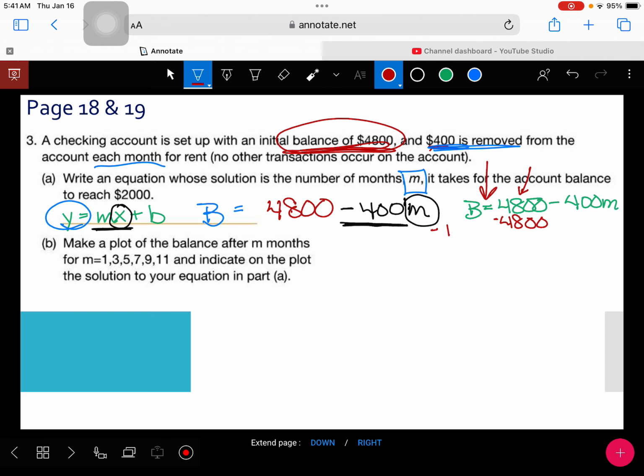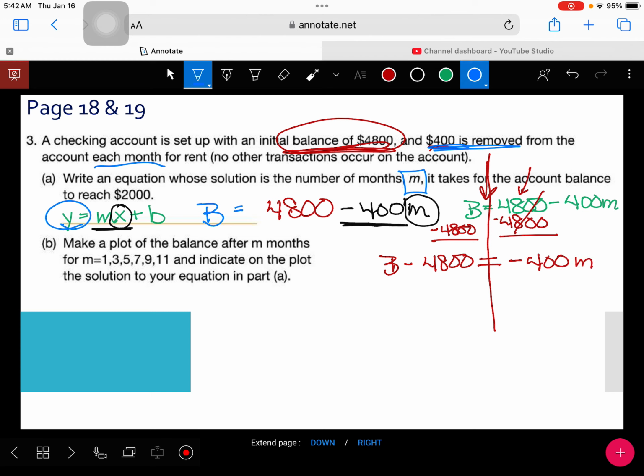So I'm going to subtract 4,800 over here. These numbers are going to cancel out. On the left-hand side of my equation, I'm going to have b minus 4,800 equals, that got canceled out, negative 400 times m.